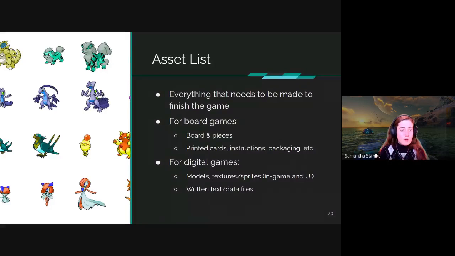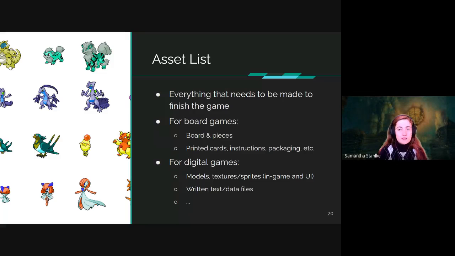So even scripts for cutscenes or little files that you need to load in during the game to execute actions, or little mod files, everything like that is something that needs to be on your asset list for a digital game. And there's other things that can go into this as well. So things like sound files for music and background effects and that sort of thing. All of this is something that will go into your asset list.